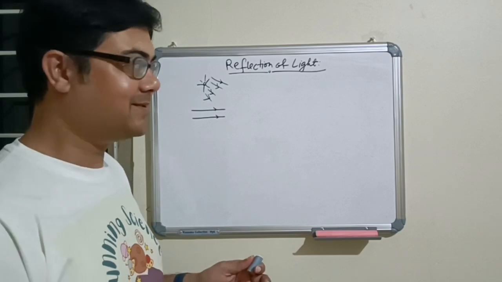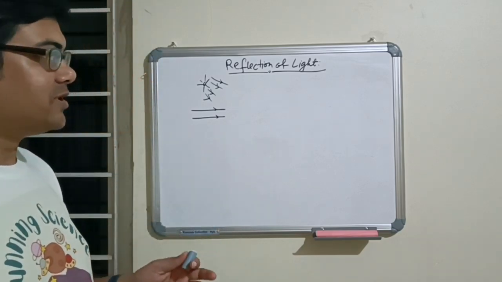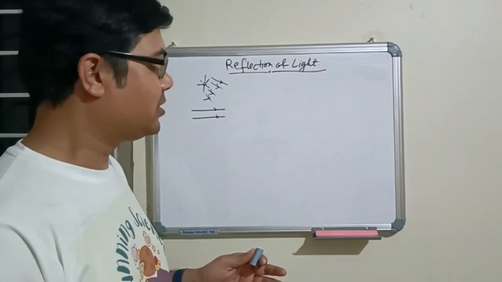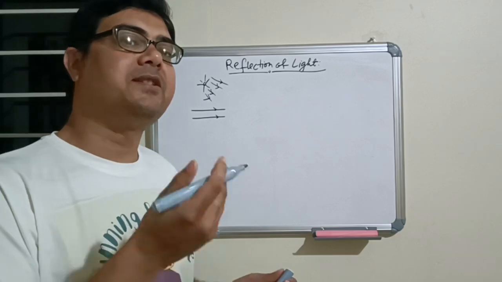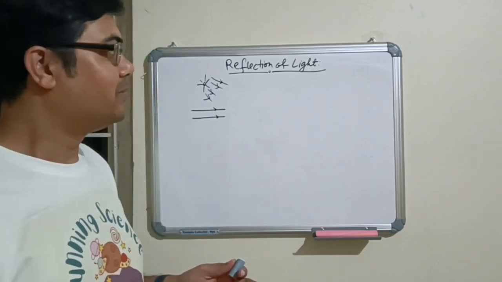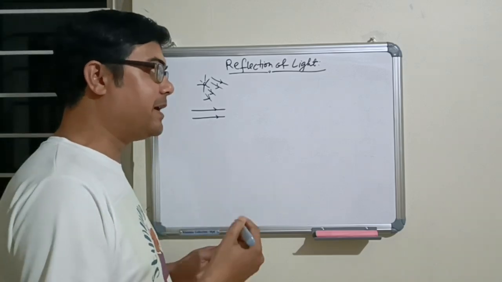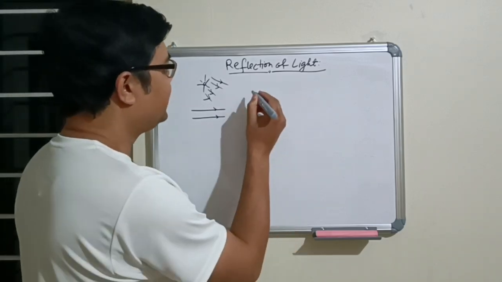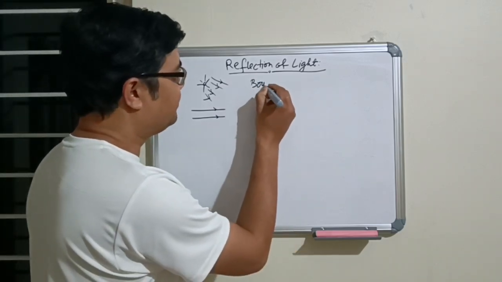So we know a smooth surface is something which reflects light after light falls on it. It means that bouncing back of light happens.